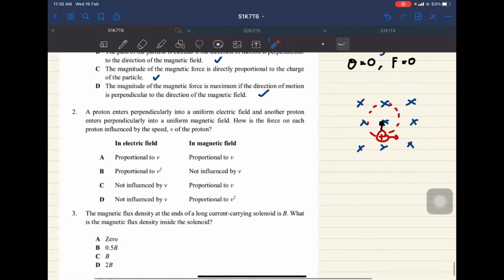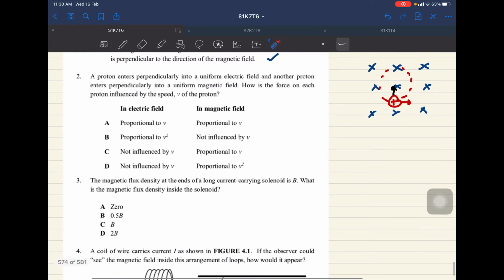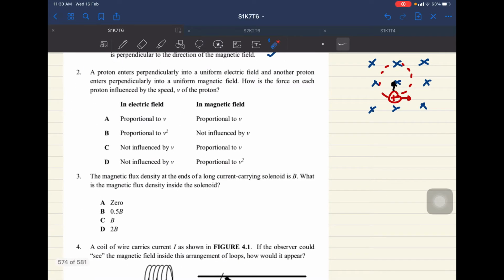Question number 2: a proton enters perpendicularly into a uniform electric field, and another proton enters perpendicularly into a uniform magnetic field. One is an electric field, another one is a magnetic field. How is the force on each proton influenced by the speed of the proton?